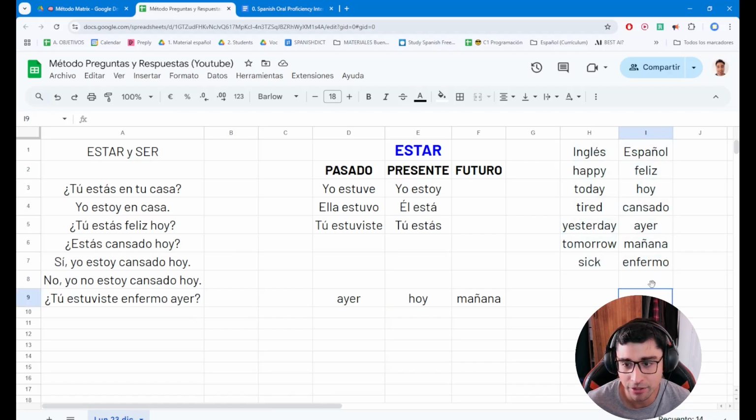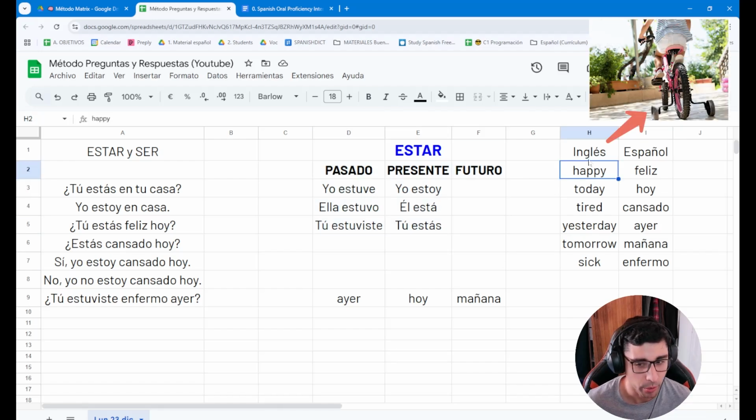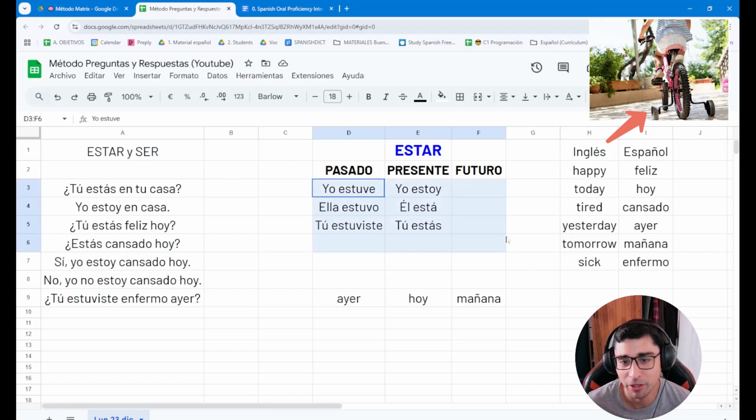These conjugations are like your bike wheels, okay? They are your help for now, okay? Eventually, you are not going to see this, okay? In the beginning, if you are a beginner or an intermediate level, you need to see this, okay? But eventually, I'm going to ask you many, many questions, so you will improve your listening.